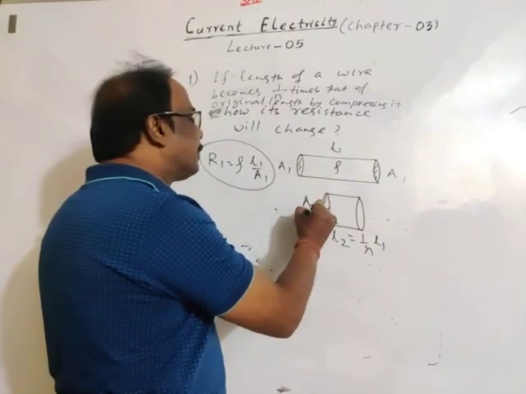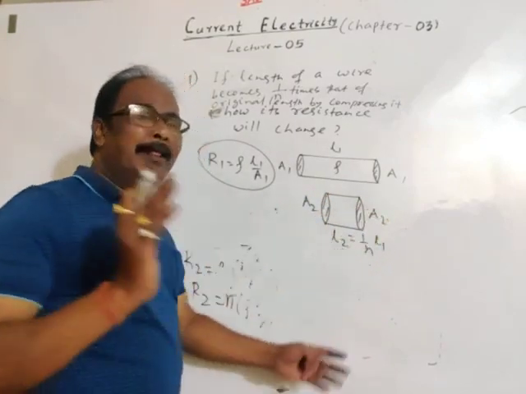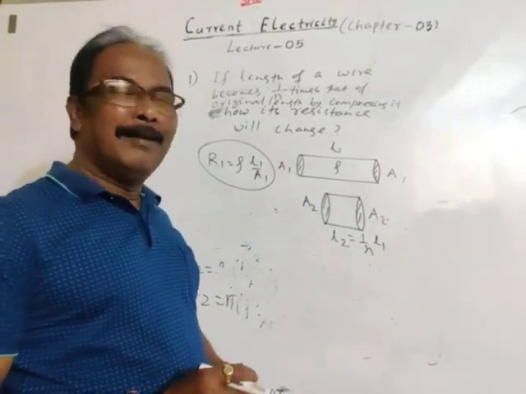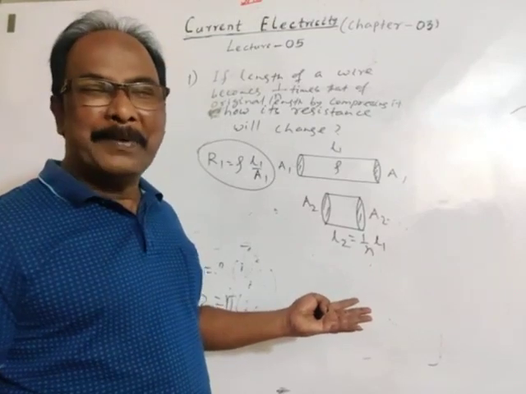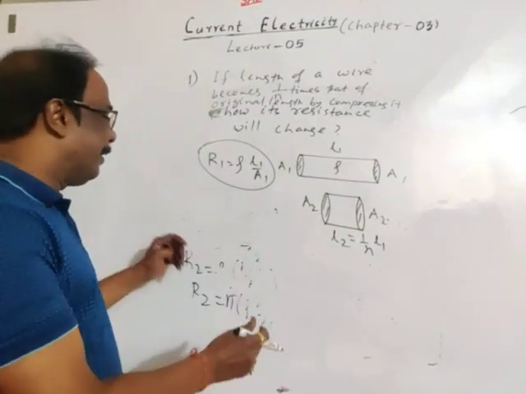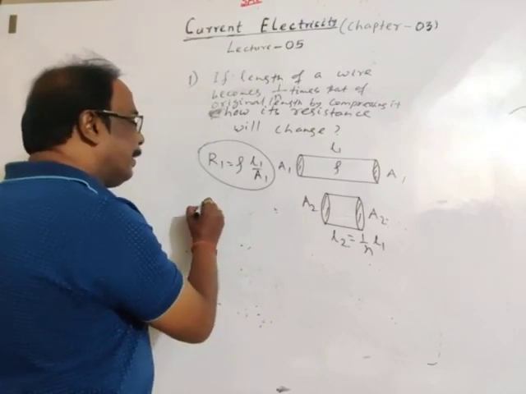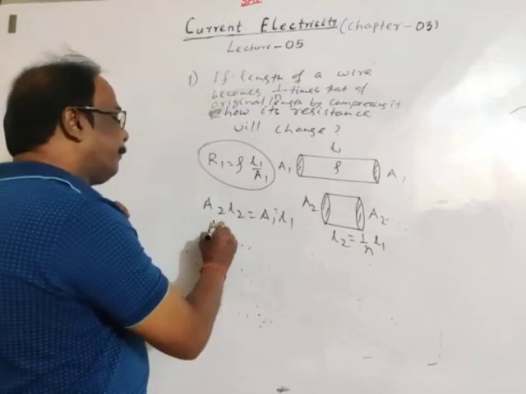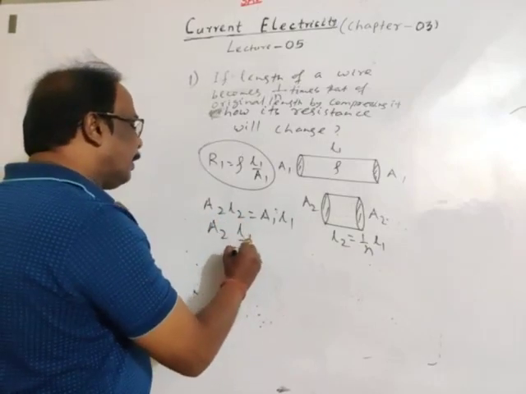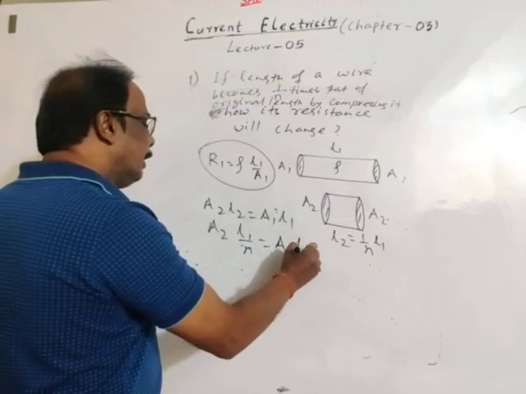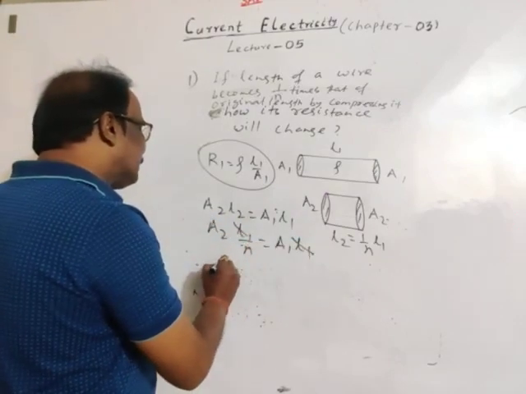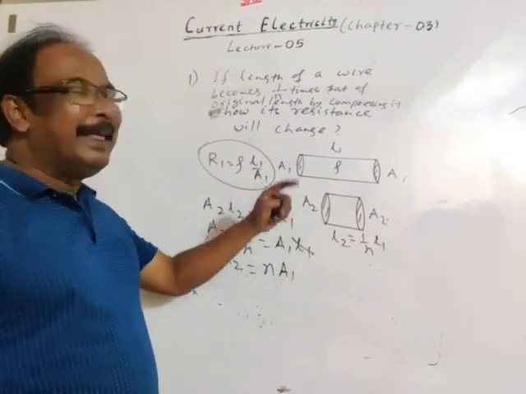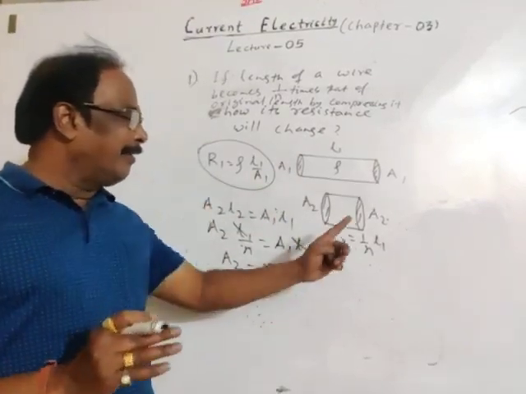If the length decreases, then the area of cross section increases, so as to keep the volume constant. In a similar way, you may write A2 L2 equals A1 L1. In place of L2, we may write L1 by n, times A2, equals A1 L1. L1 gets cancelled, then A2 is equal to n times the original area of cross section. Its length decreases.